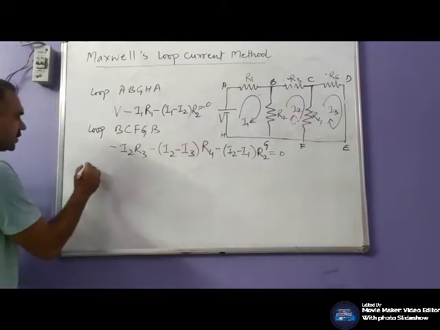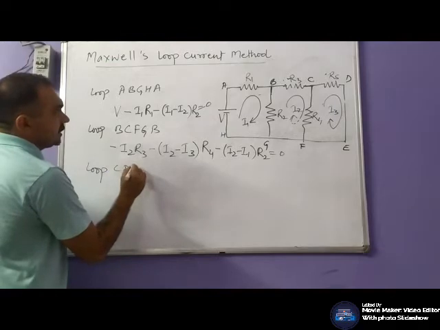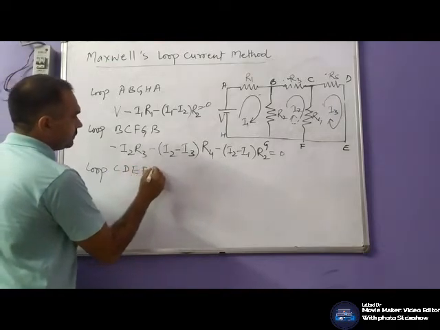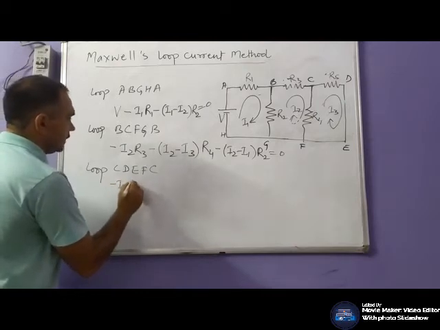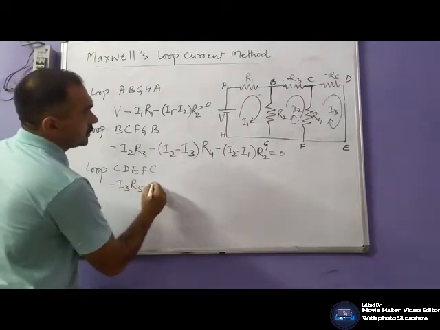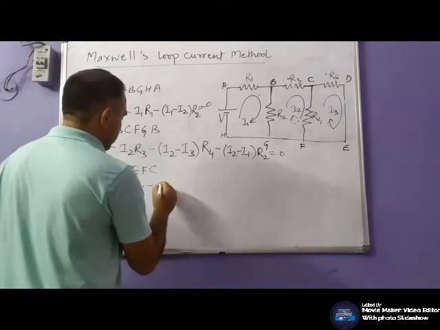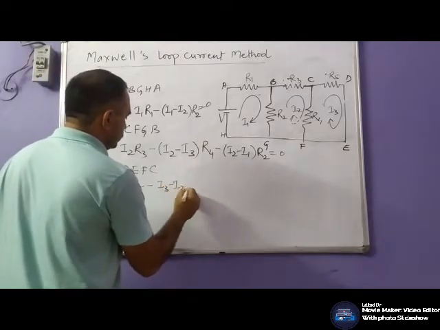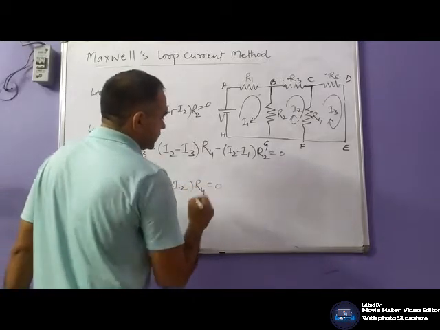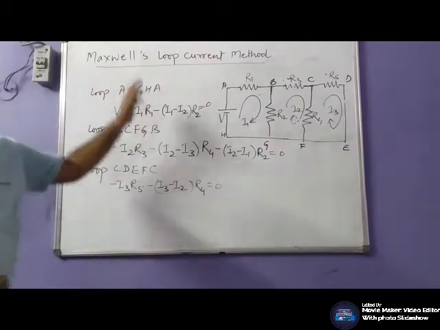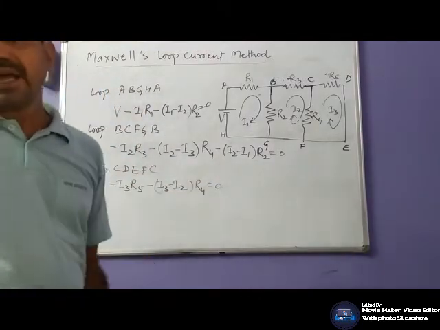Similarly, take the third loop, C, D, E, F, C: minus I3 R5, minus I3 minus I2 into R4 is 0. Solve these three equations for currents I1, I2 and I3.